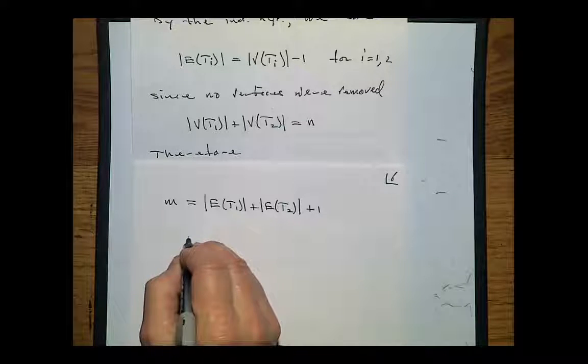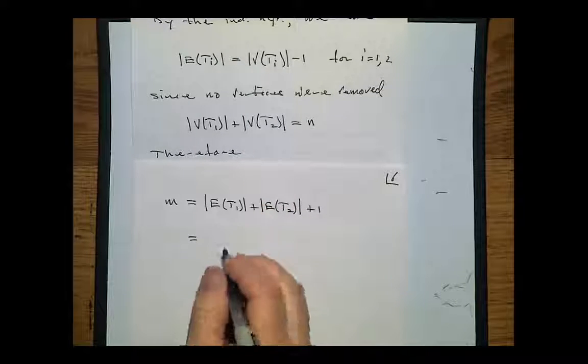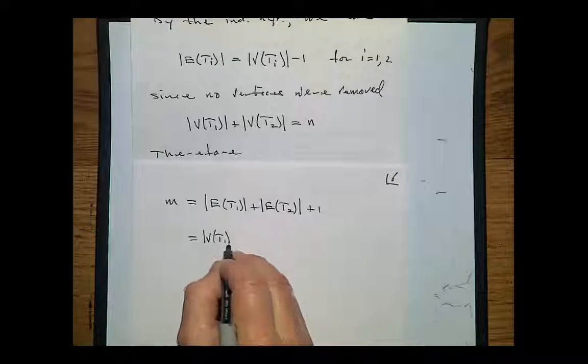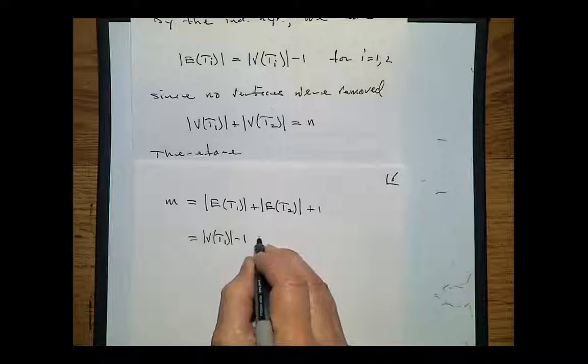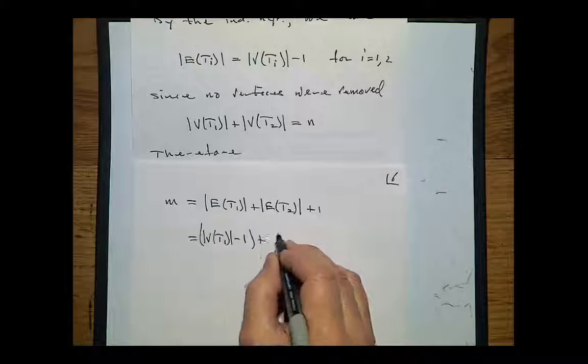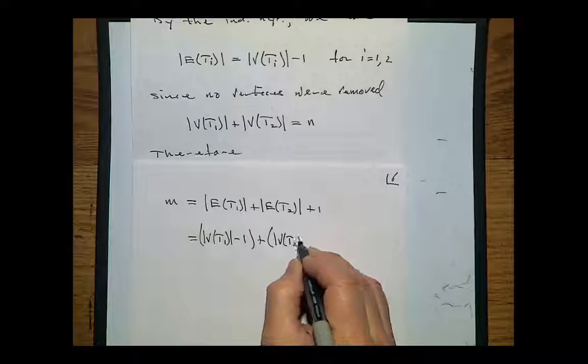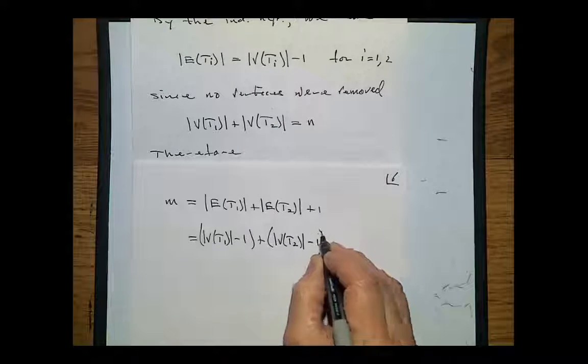But by the induction hypothesis, this is number of vertices in T1 minus 1 plus number of vertices in T2 minus 1 plus 1.